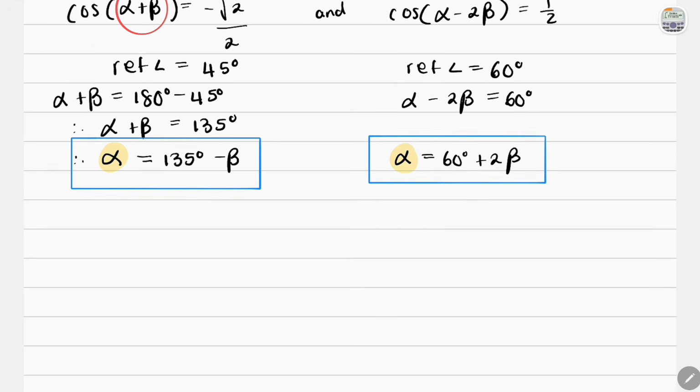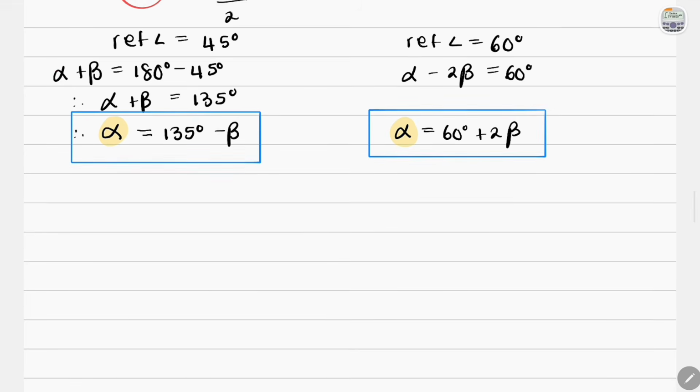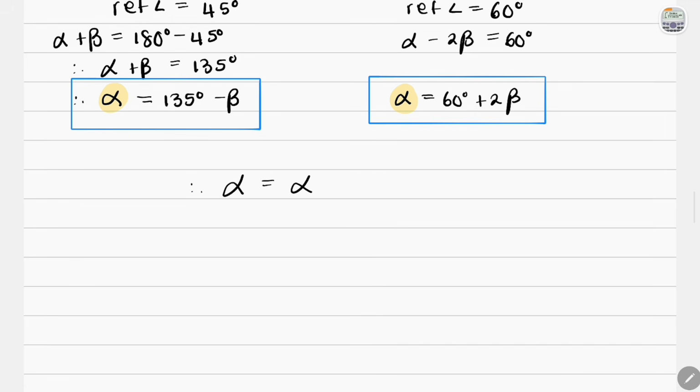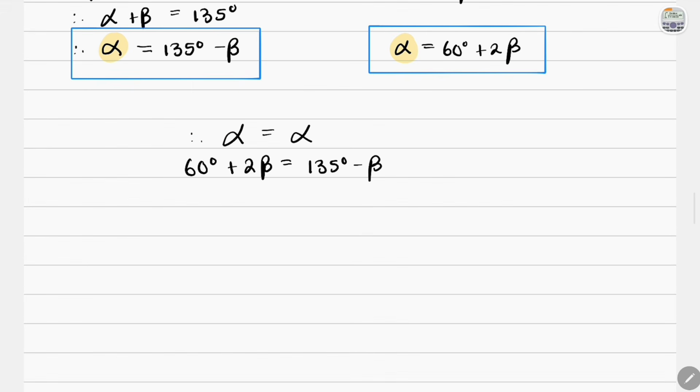And now, because alpha is the subject, this is a simultaneous equation. We're solving for alpha and beta. I'm just going to say, therefore, alpha is equal to alpha, and equate. So I see 2 beta on this side, so I'm going to start with this equation. 60 degrees plus 2 beta equals 135 degrees minus beta, and then 2 beta, if you transpose, this becomes plus beta.